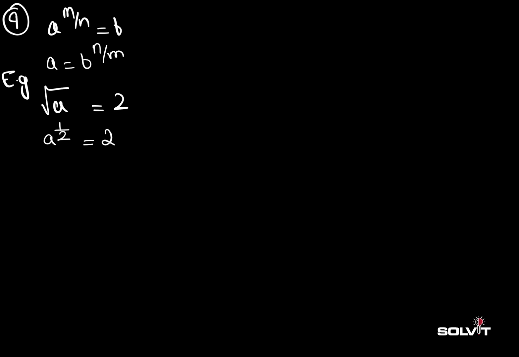So now whenever I'm going to bring this power on this side of the equal to, whenever the power is going to change the side of the equal to, so that means the power is going to reciprocate and it will become 2. So that means this will be equals to 4. All right. So now let's just move on. So this is the ninth rule.